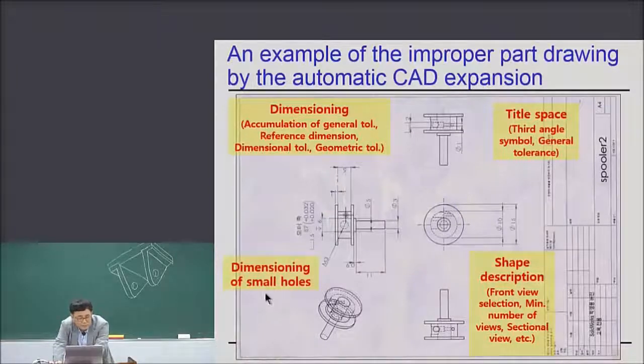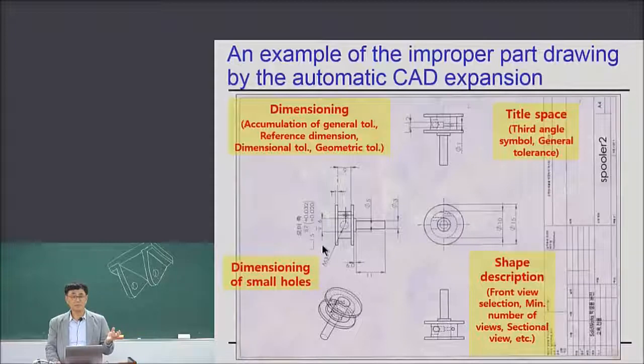Okay, and dimensioning of smaller features, you see the symbols in this figure and this figure. I never told you such symbols. Why did this graduate student use these symbols, which are not used in industry?